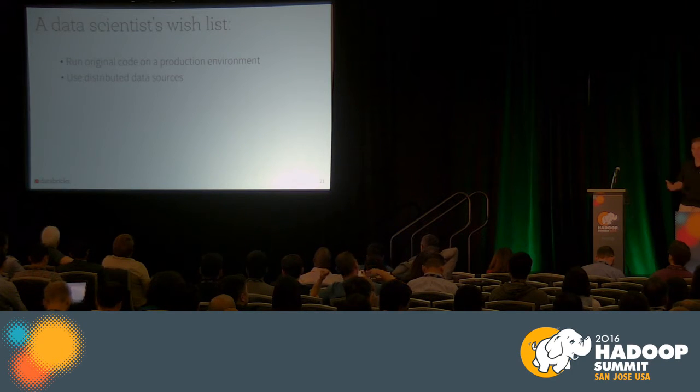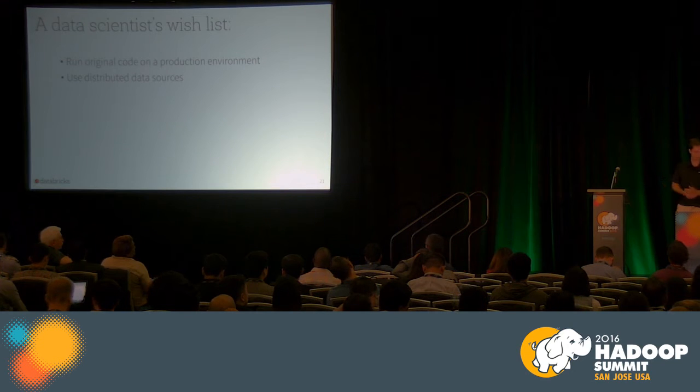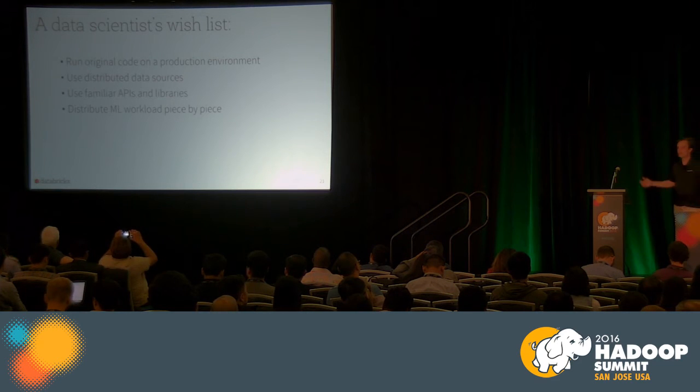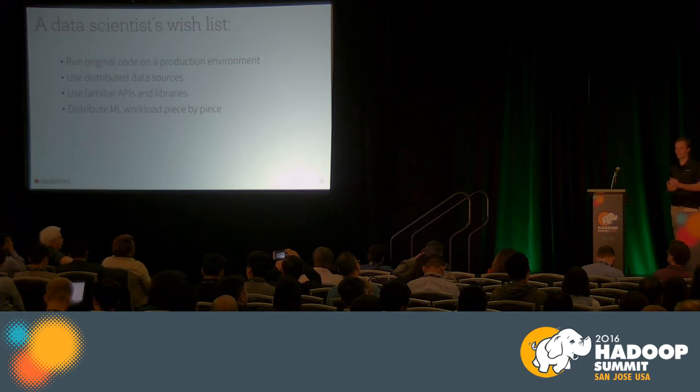The next one is that usually your company has some way of storing your data in a single source, so you'd like to be able to use distributed data sources. Then of course you would prefer not to have to learn a new set of libraries. And finally, it is very common to have some pieces which are easy to do on a local machine, for example, introspecting data and sampling data.